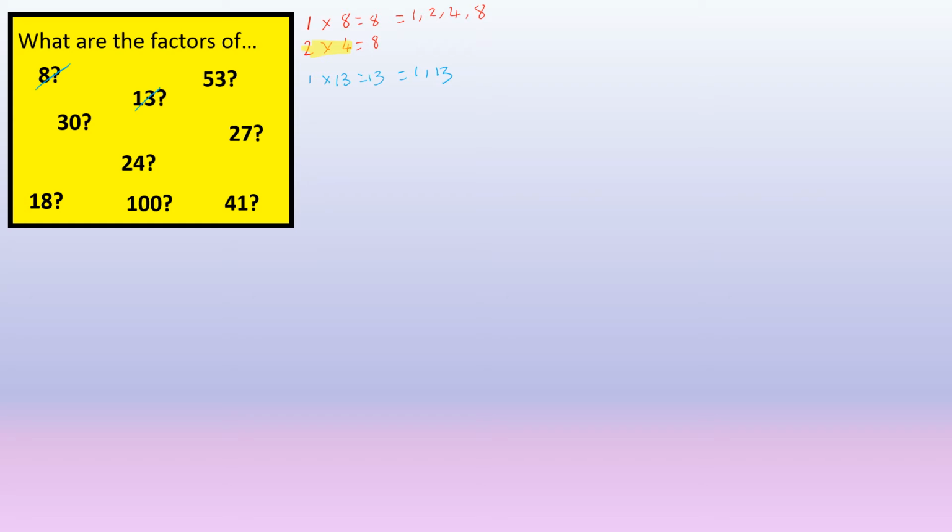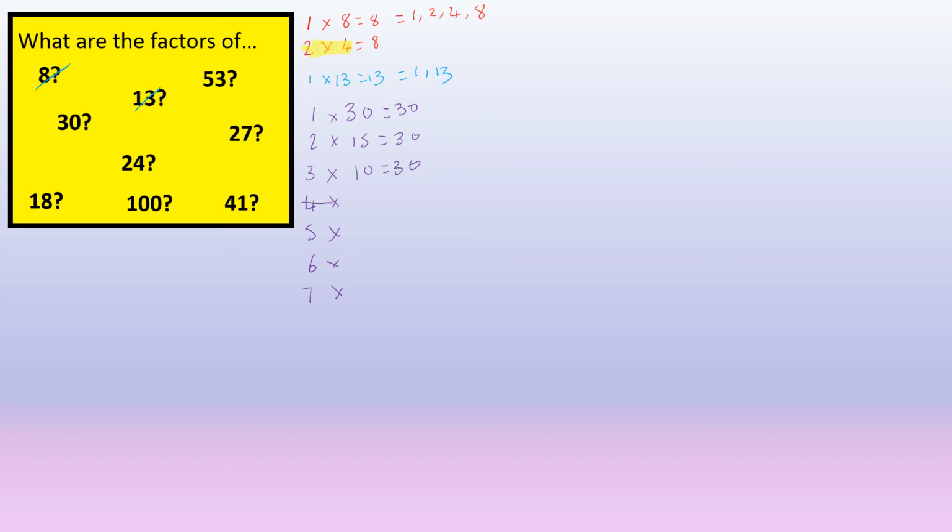Okay, next one we're going to look at is 30. So same thing again. I'm going to write these ones down. I'm going to go as far as 7 because I can always rub them out. So I can do 1 times 30. I can do 2 times 15. 3 times 10.